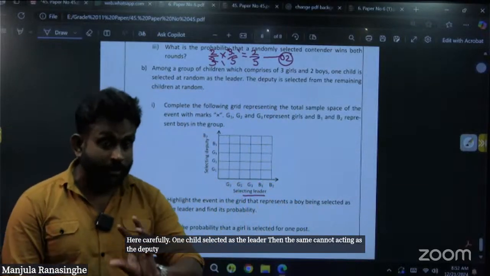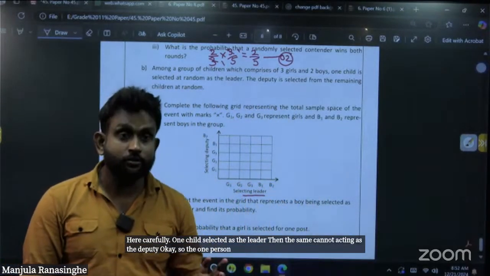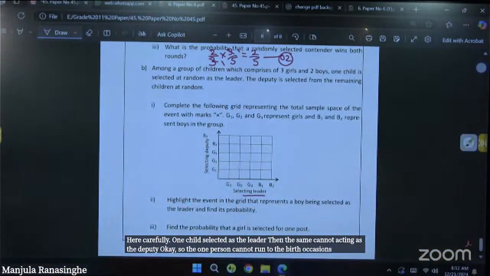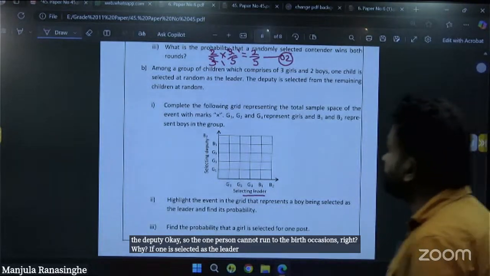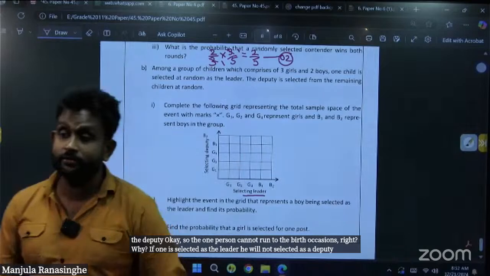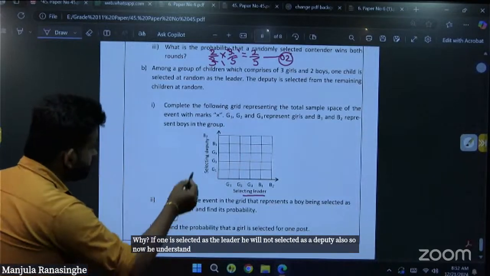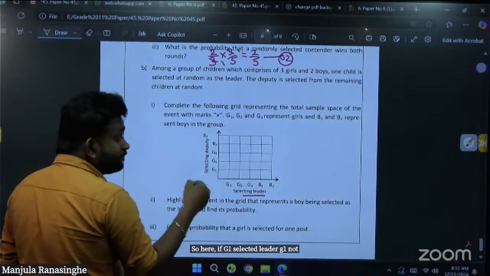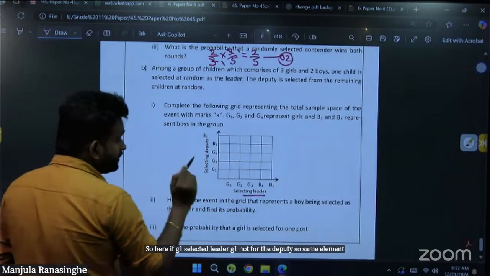One person cannot be chosen on both occasions. If one is selected as the leader, he will not be selected as the deputy also. So if G1 is selected leader, G1 is not for the deputy. The same element cannot be repeated. That is the important part.